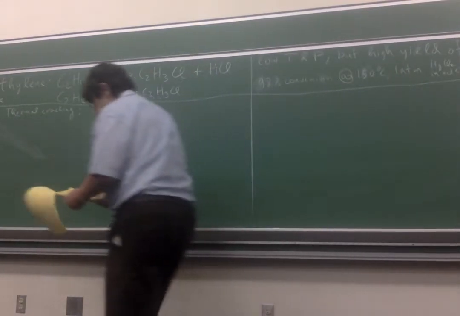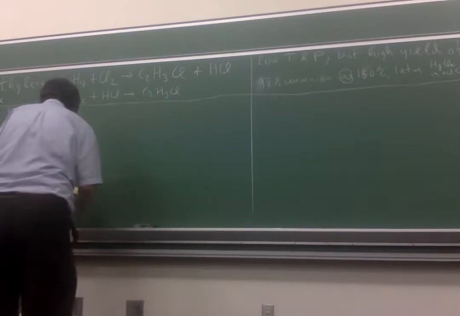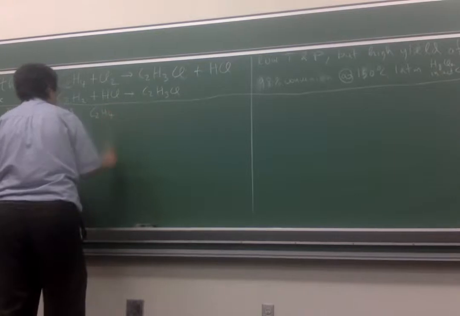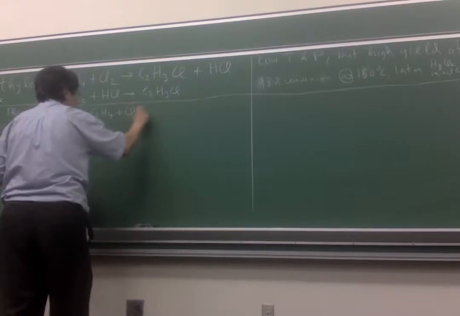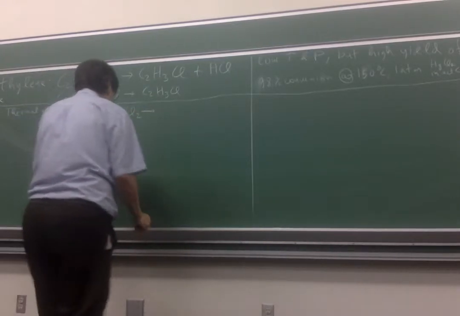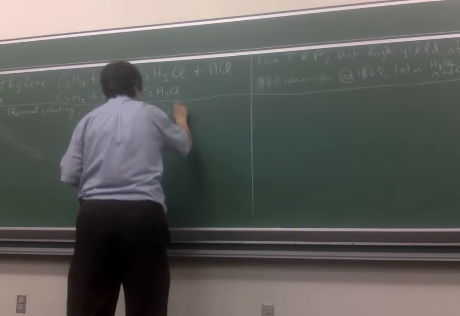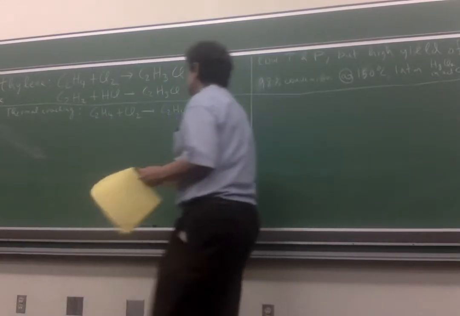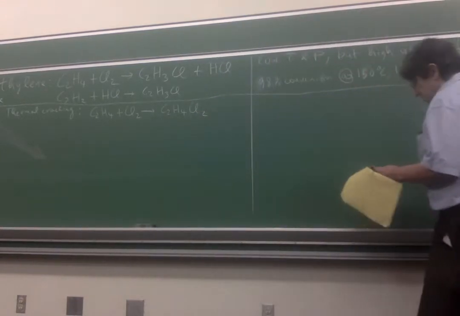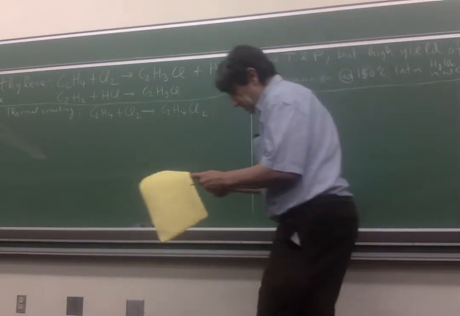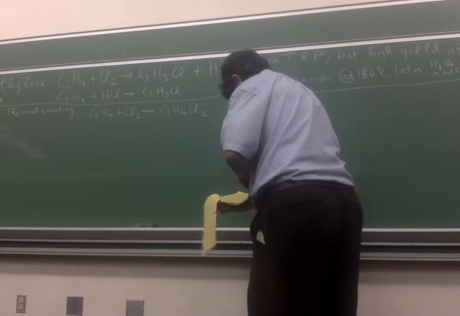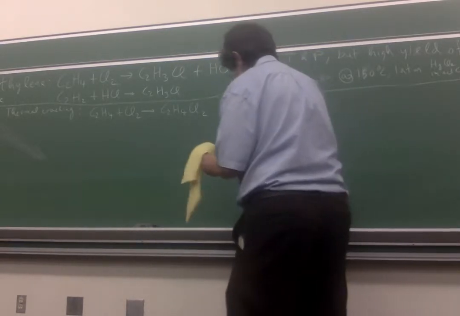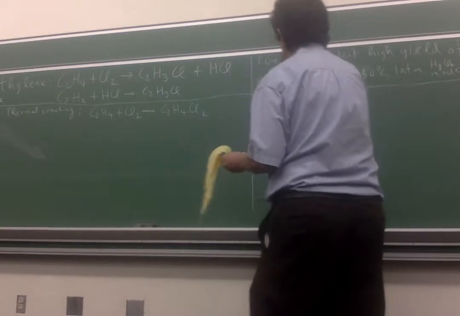So, two reactions here. First, we react ethylene with chlorine, breaking the double bond and making dichloroethane. And the difference here is that this happens with a Friedel-Crafts catalyst at different conditions.